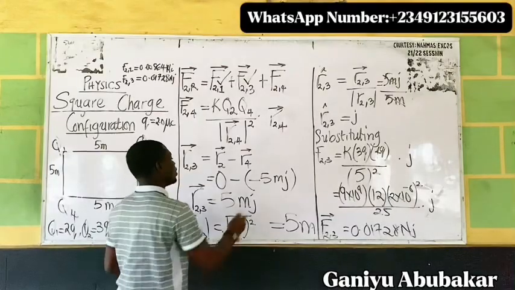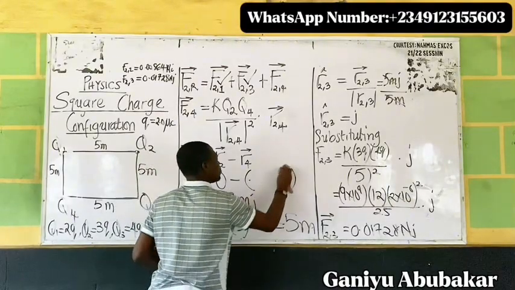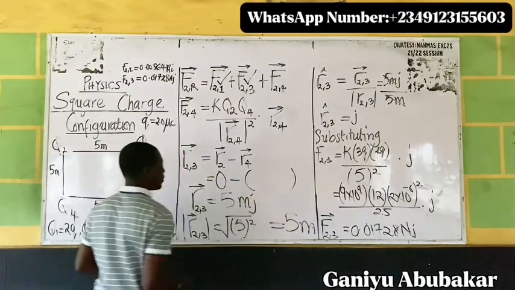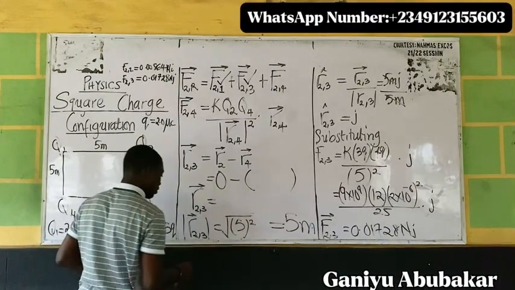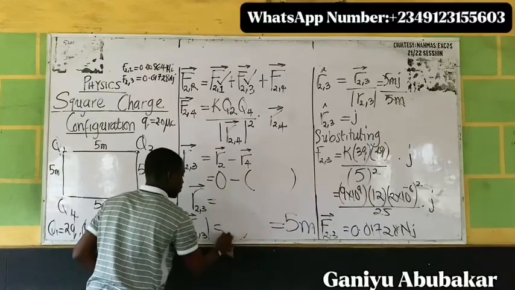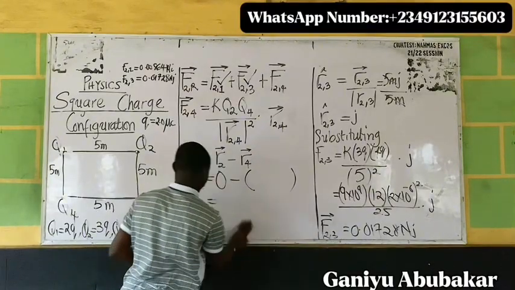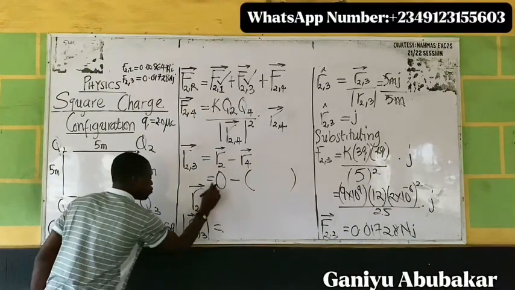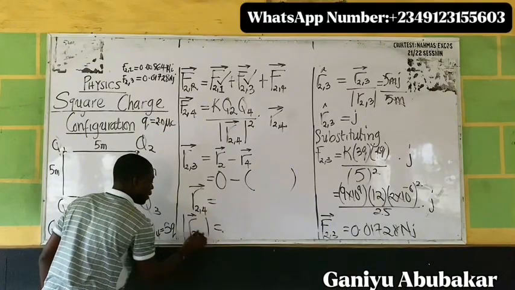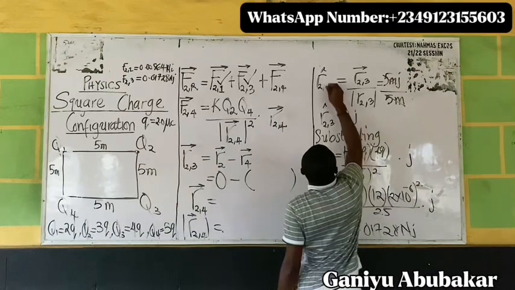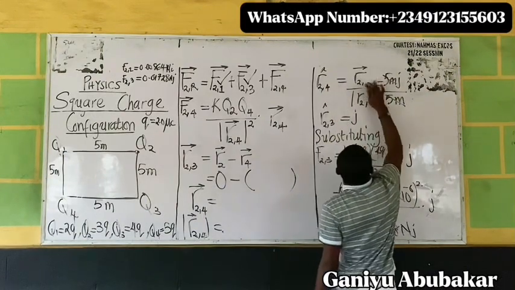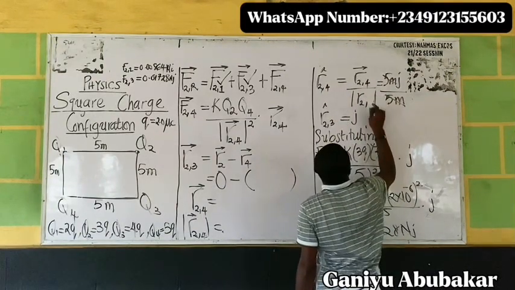I just have to clean this place. Clean this part. This R24 will be replaced by 4. R24, 4 should be here.